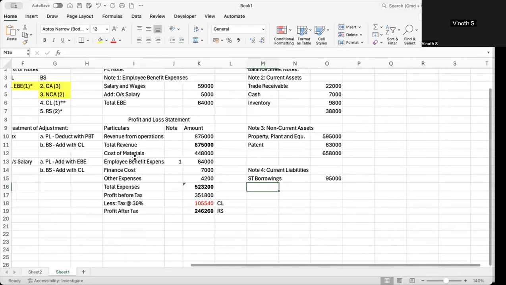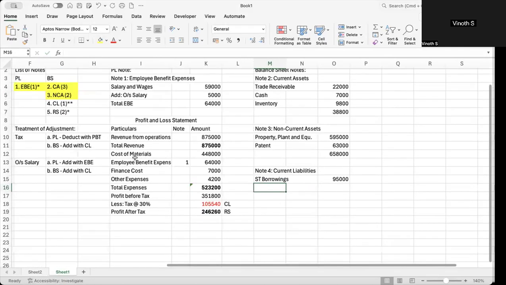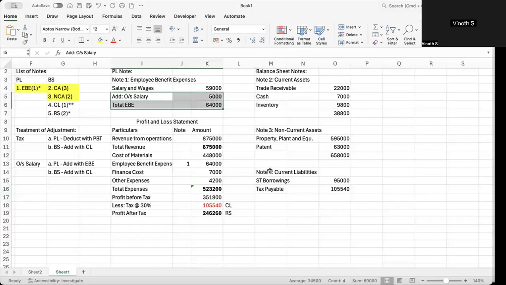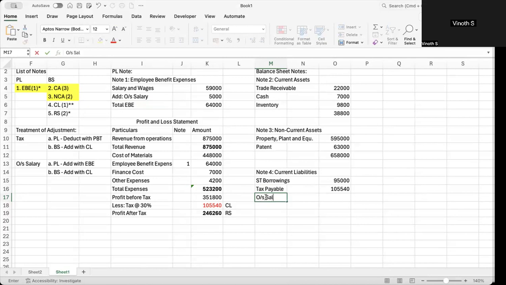And the remaining 2 will be adjustment items. One will be tax payable that we have taken from this particular place, 1,05,540. Second is outstanding salary, 5,000.